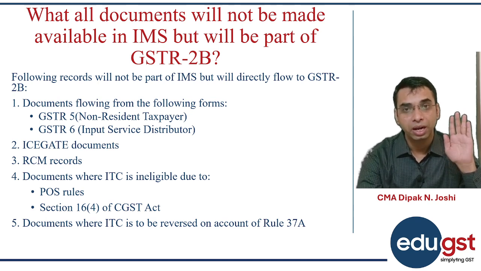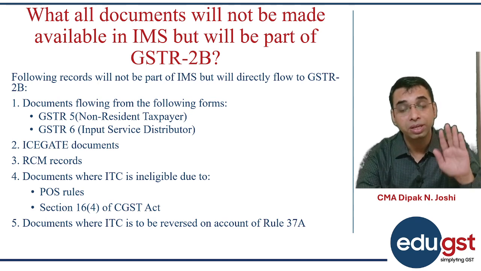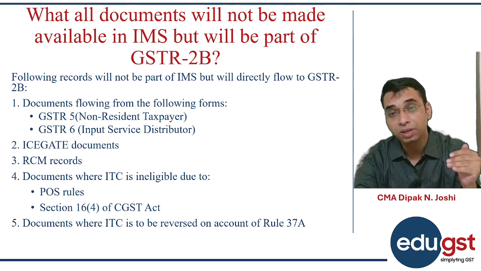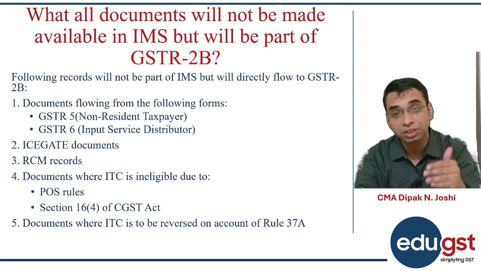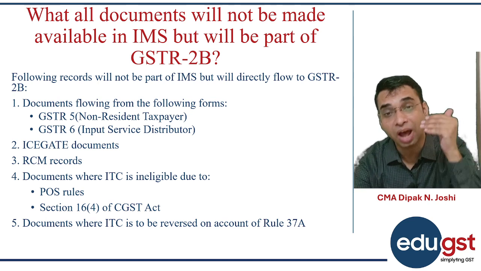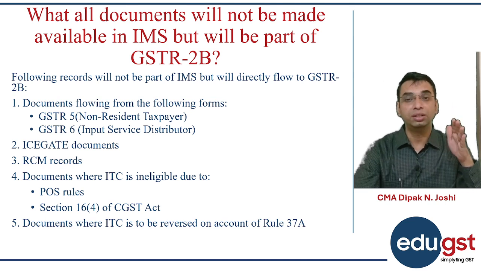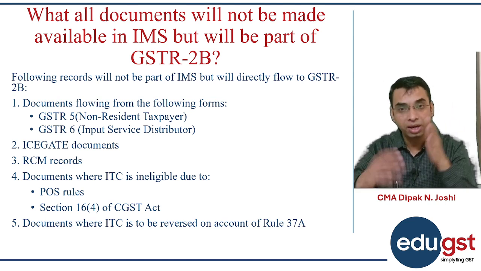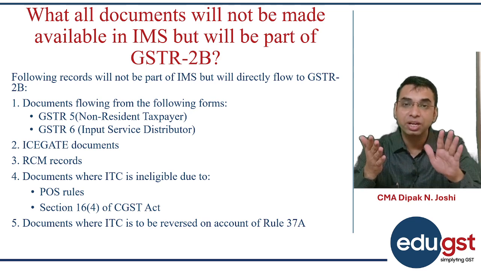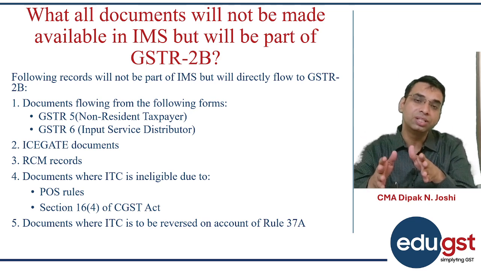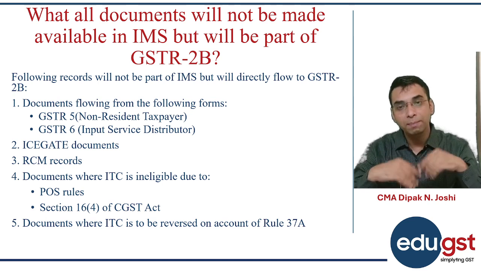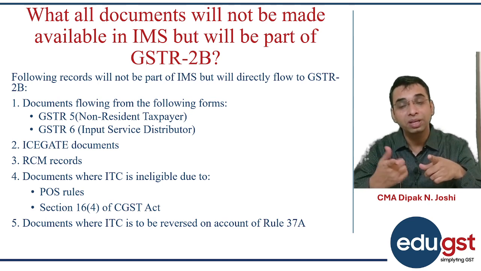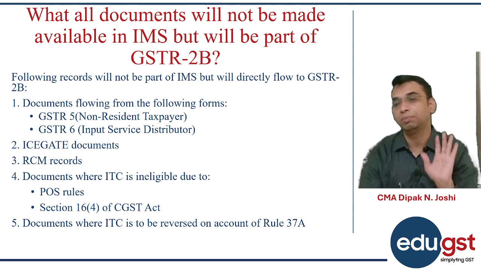Now, see, based on your action of accept, reject or pending, the GST portal will generate the draft GSTR2B on 13th. Earlier that GSTR2B was the final GSTR2B, but now it is a draft GSTR2B. And you can make corrections in that GSTR2B till filing of your GSTR3B.